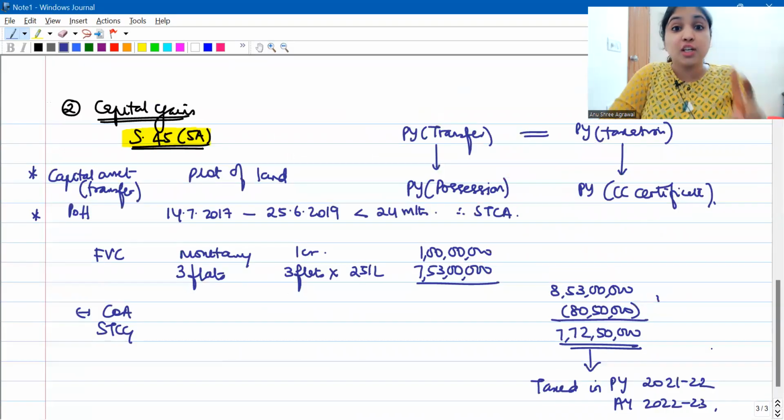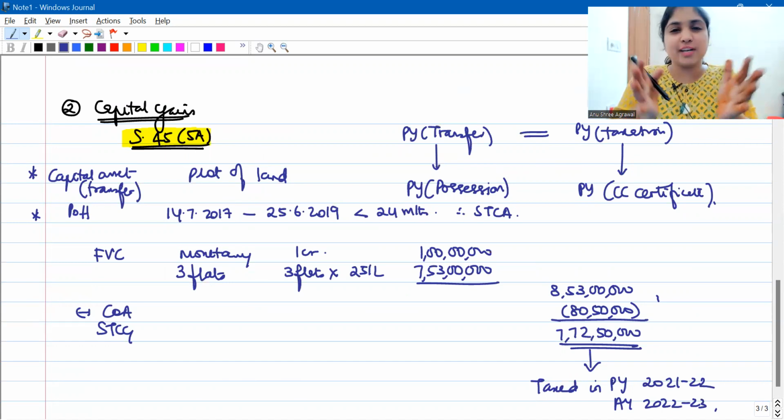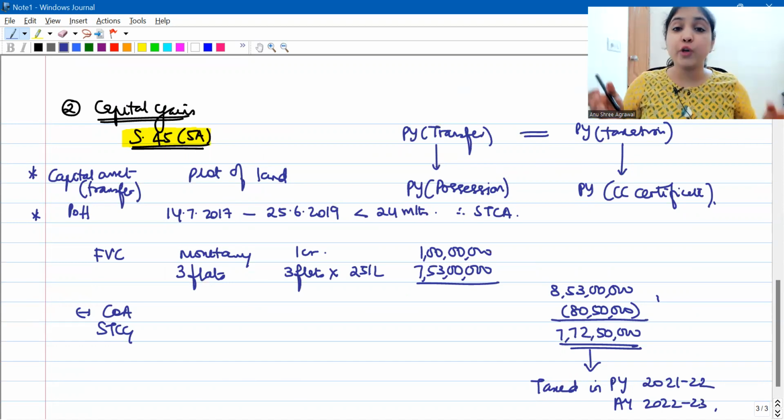One quick revision, two new sections we've spoken about until now, section 194 IC and section 45(5)A. These two sections always go hand in hand whenever we talk about specified agreements or joint development agreements. First of all, what are joint development agreements?